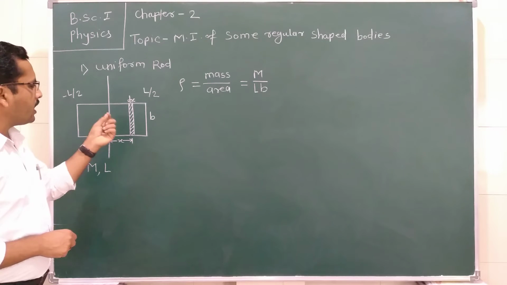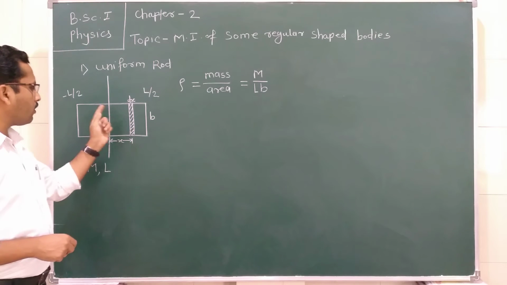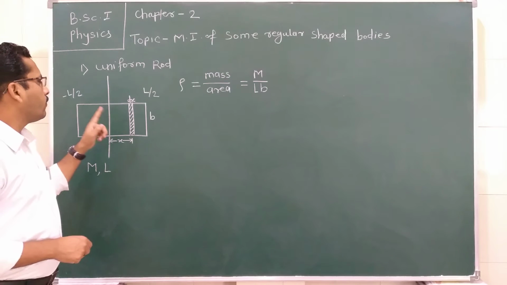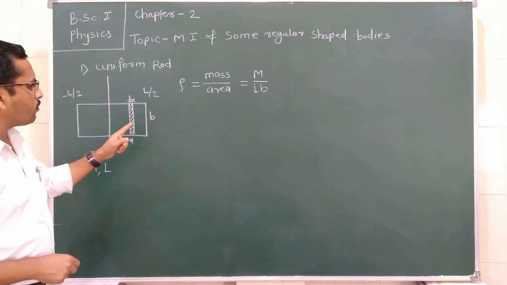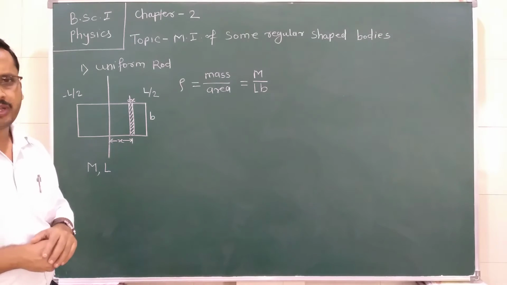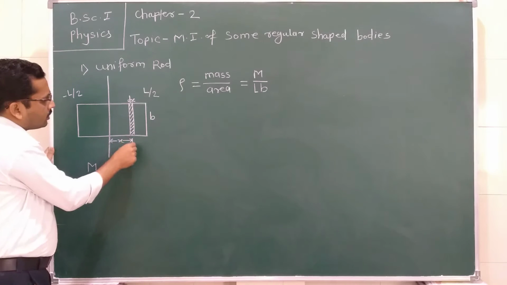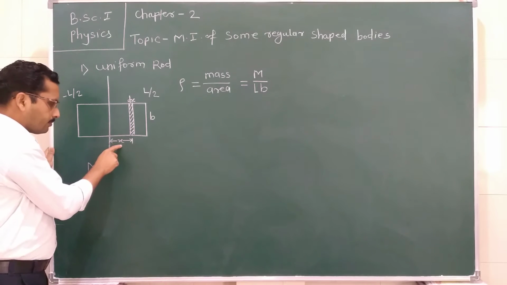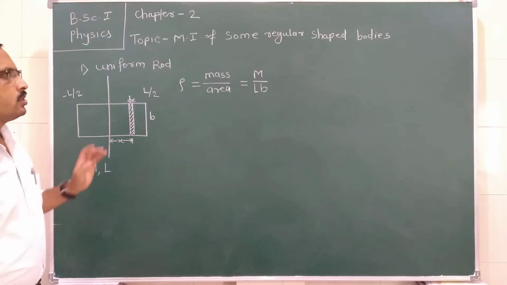Because then we find out the moment of inertia of this strip about this axis of rotation, and then we integrate that equation so that we get the moment of inertia of the whole body. So consider a small strip having thickness dx which is situated at a distance x from the axis of rotation.